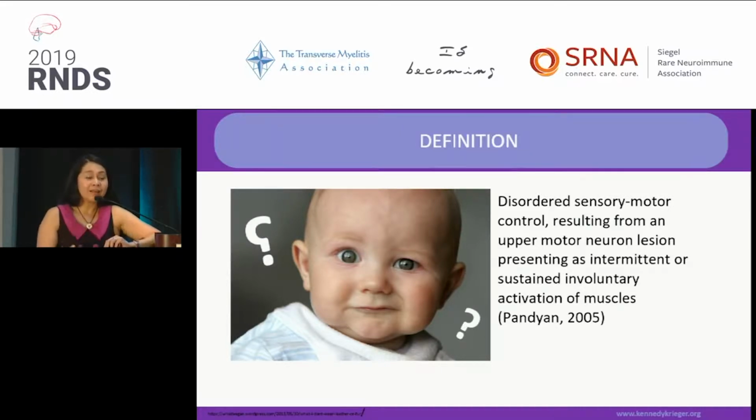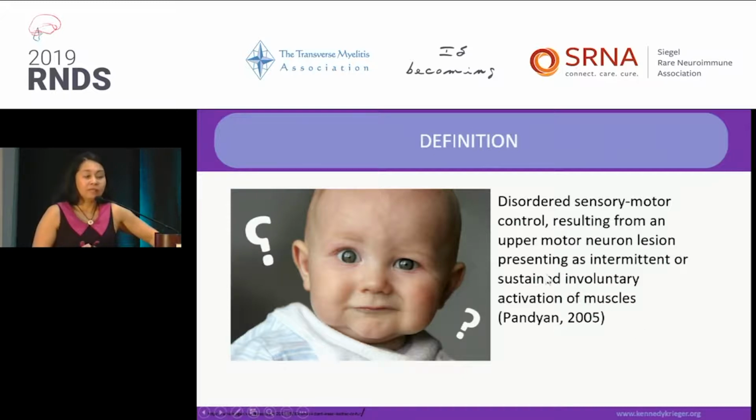Now let me break down that definition for you. The last part, I guess, is easy to understand. For those who have spasticity, you understand this. It's intermittent or sustained involuntary activation or contraction of muscles.